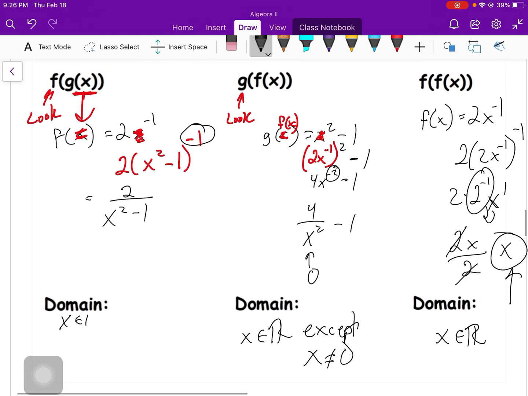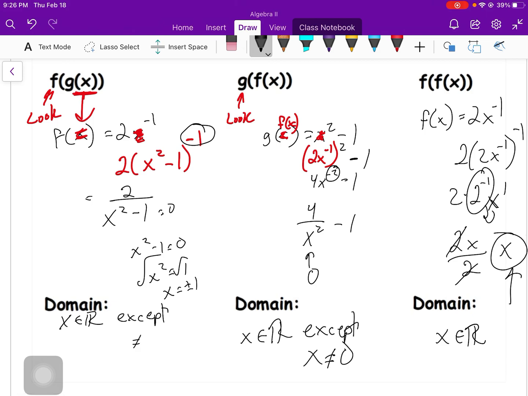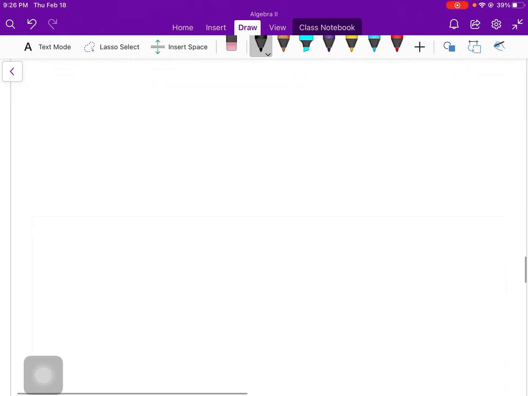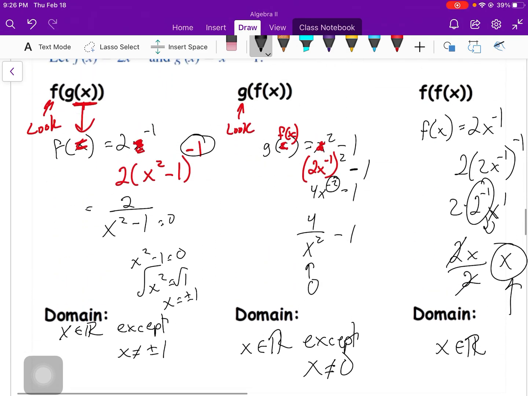So now x would be all real numbers again, except if I look at this denominator and solve this equation right here, I'm finding out that there are two numbers, a positive and negative 1, that x can't be, because I cannot divide by 0. And there you go. That's kind of a composition of functions.